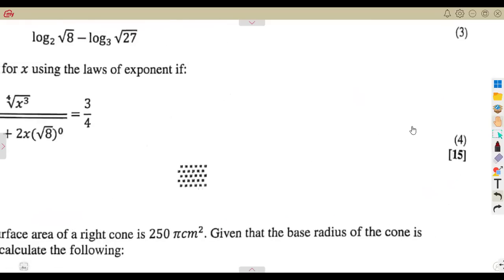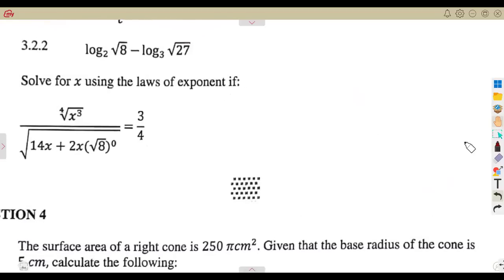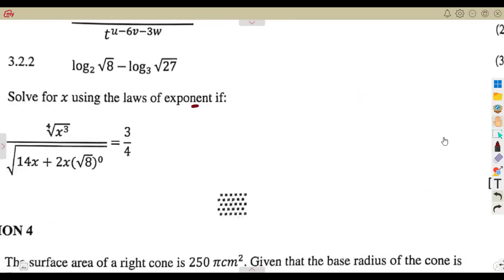Then 3.3, 4 marks. Solve for x using the laws of exponents. So we need to apply some laws of exponents there. All right, so let's see what we can do on this one. Remember, if you're given something of this nature, let me write it this way so that we understand each other.